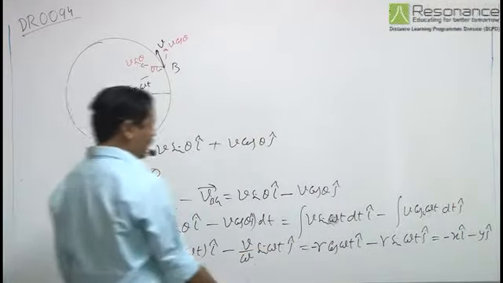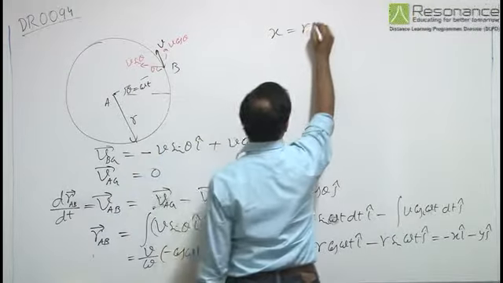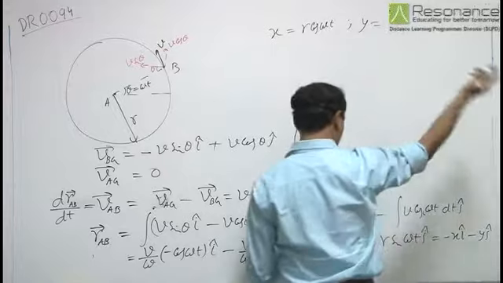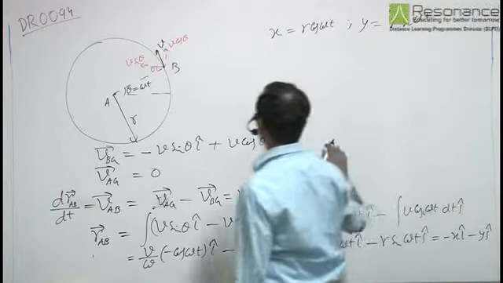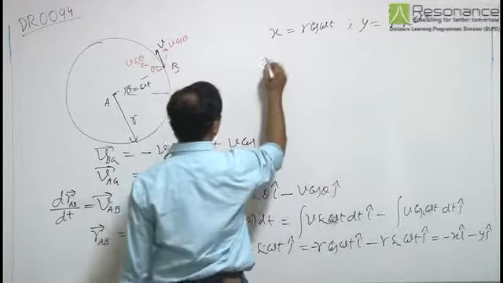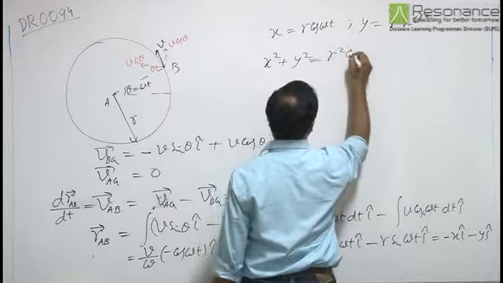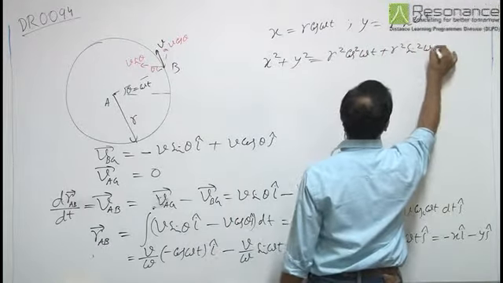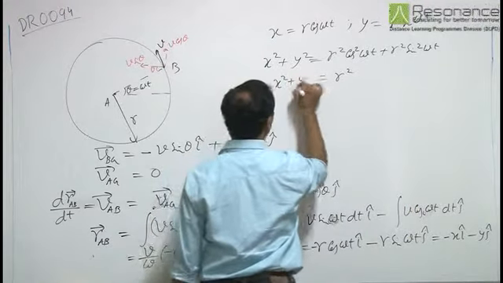As we can write from here, x is equal to r cos omega t and y is equal to r sin omega t. Squaring and adding, we have x square plus y square is r square cos square omega t plus r square sin square omega t, that is equal to r square.